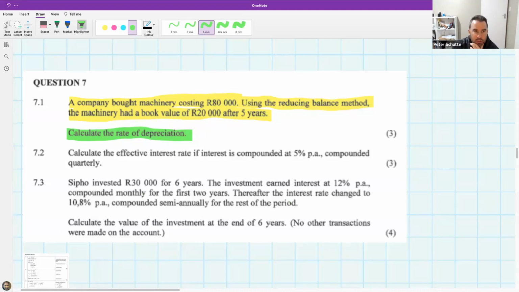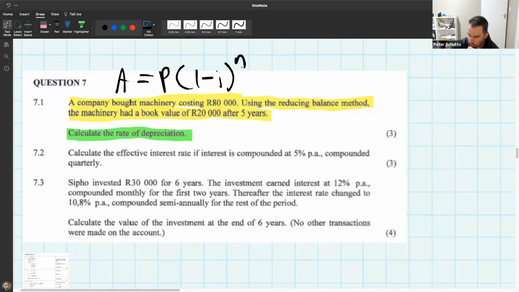So first of all, you need to ask yourself, have you got the correct formula? And you should have that formula, hopefully.